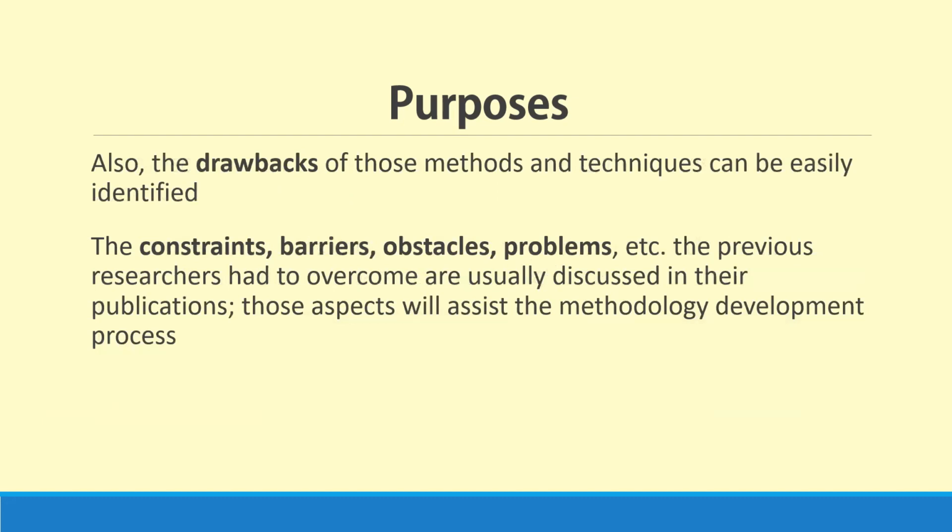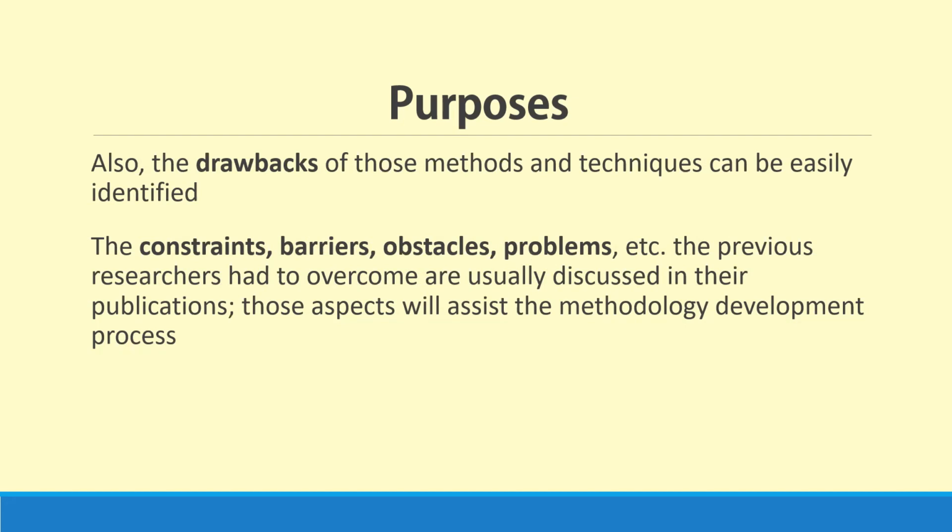So that's the positive side. So let's look at the negative side. Sometimes you might come across research publications that mention the drawbacks of the methods they use, or the constraints, the barriers, obstacles, problems, all the issues they faced while doing the research.